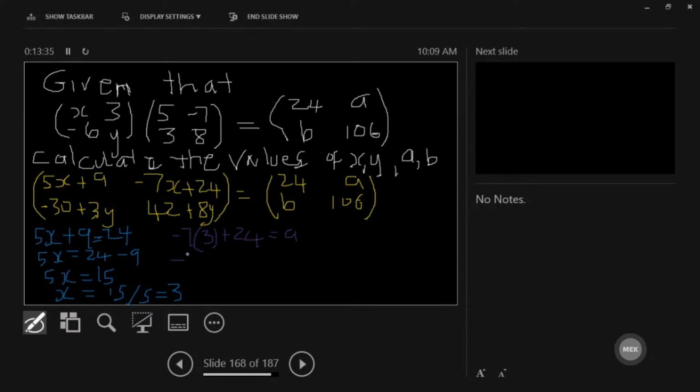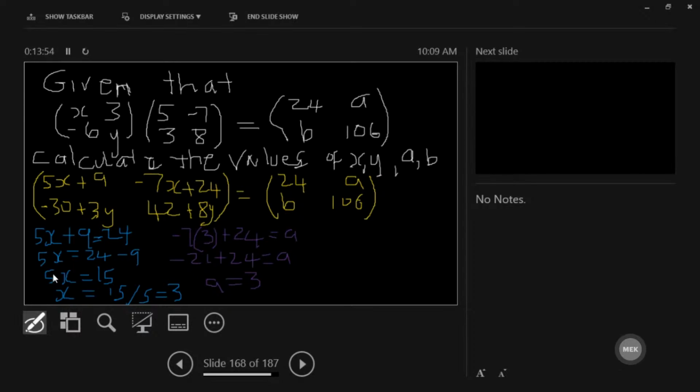So negative 21 plus 24 is equal to a. Therefore, a is 3 also. So a is also 3.